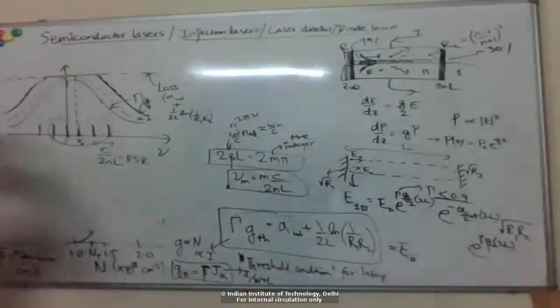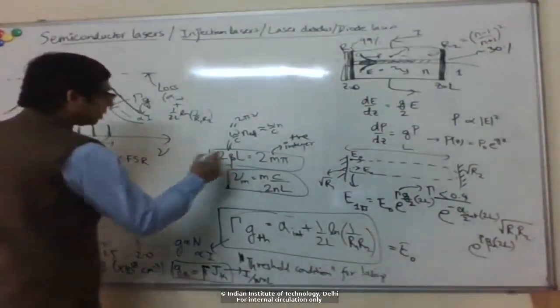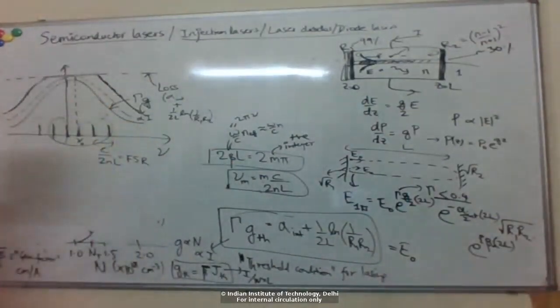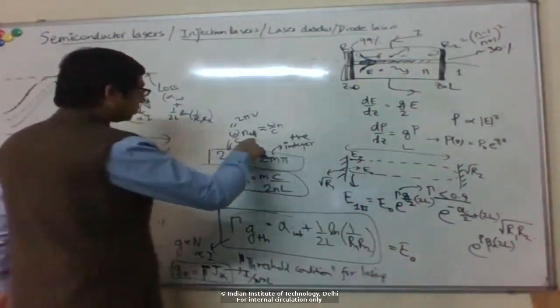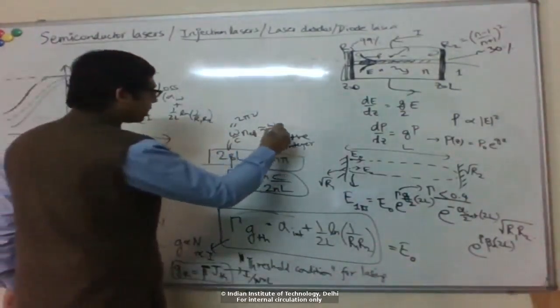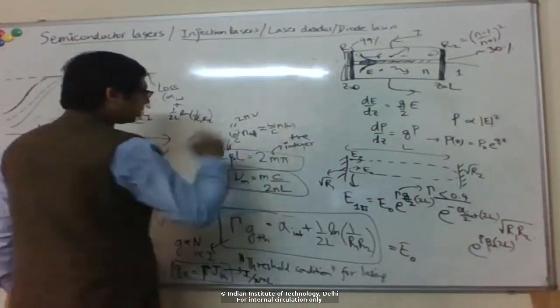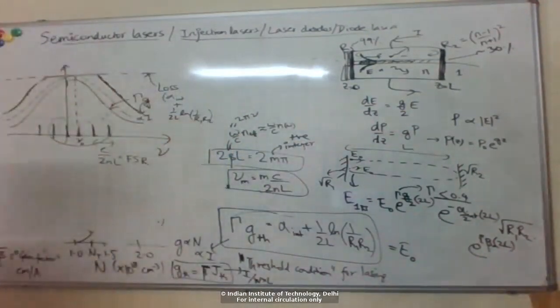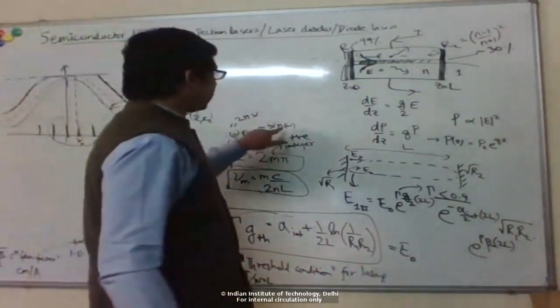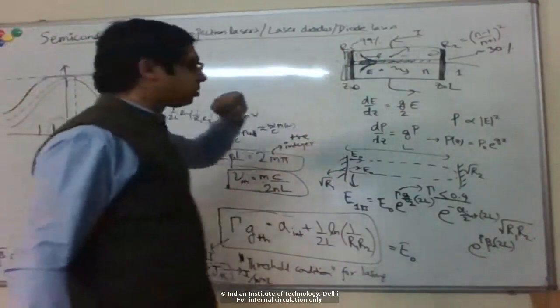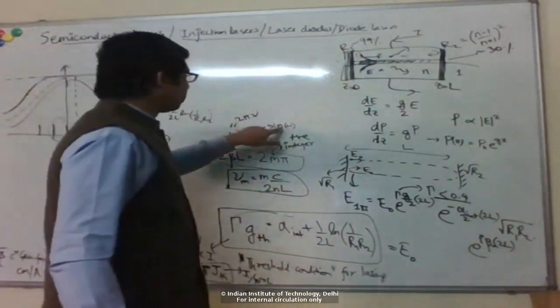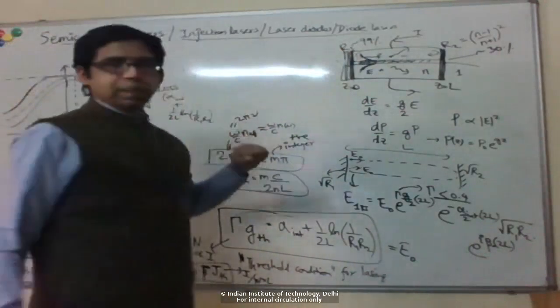Okay, so there is a subtlety here. You know that this n is also a function of frequency or wavelength. Even if you just take the material refractive index, it actually depends on frequency.